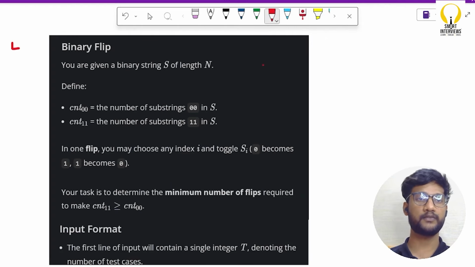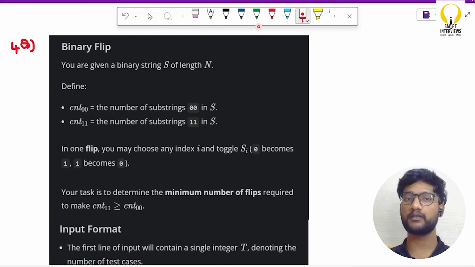So guys, we'll discuss the fourth problem. The problem name is binary flip. You are given a binary string S of length n. Define count of 00, that is nothing but the number of substrings 00 in the given string.